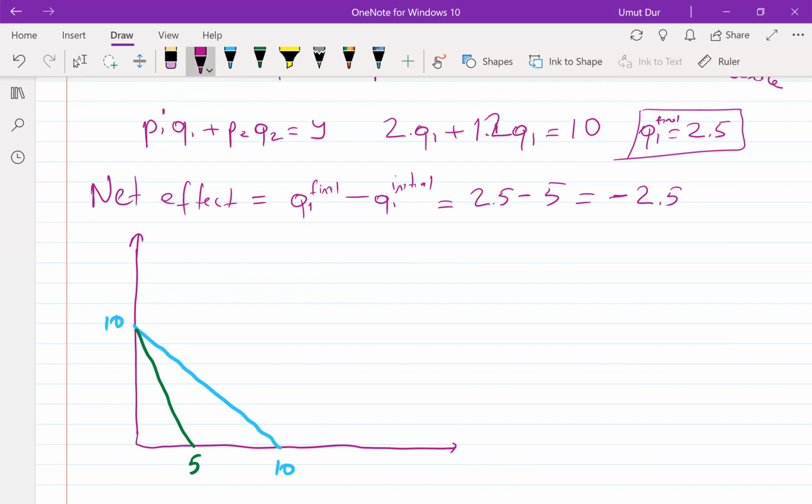So my indifference curves, suppose that it is this point for the initial bundle. This is my initial optimum bundle, which is 5 and 5. My final optimum bundle will be here, so sorry for my drawing.